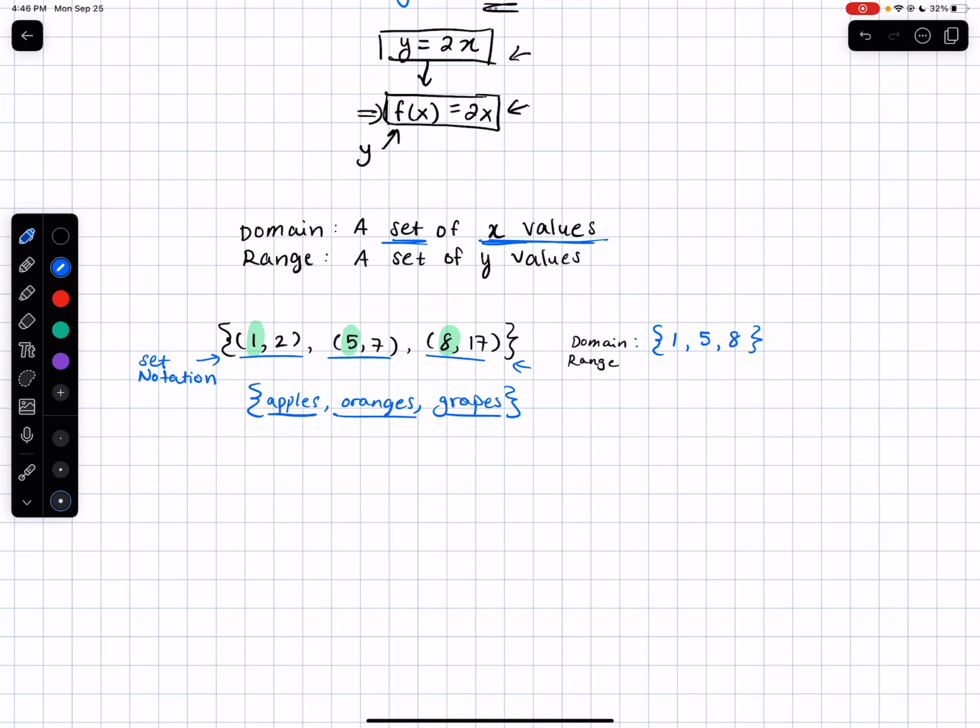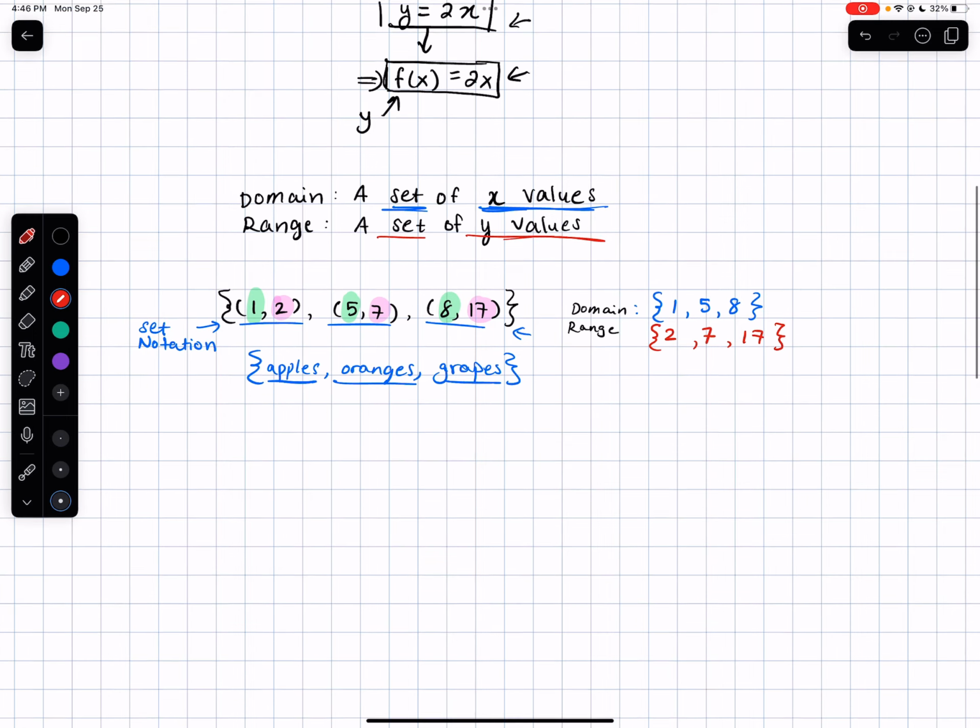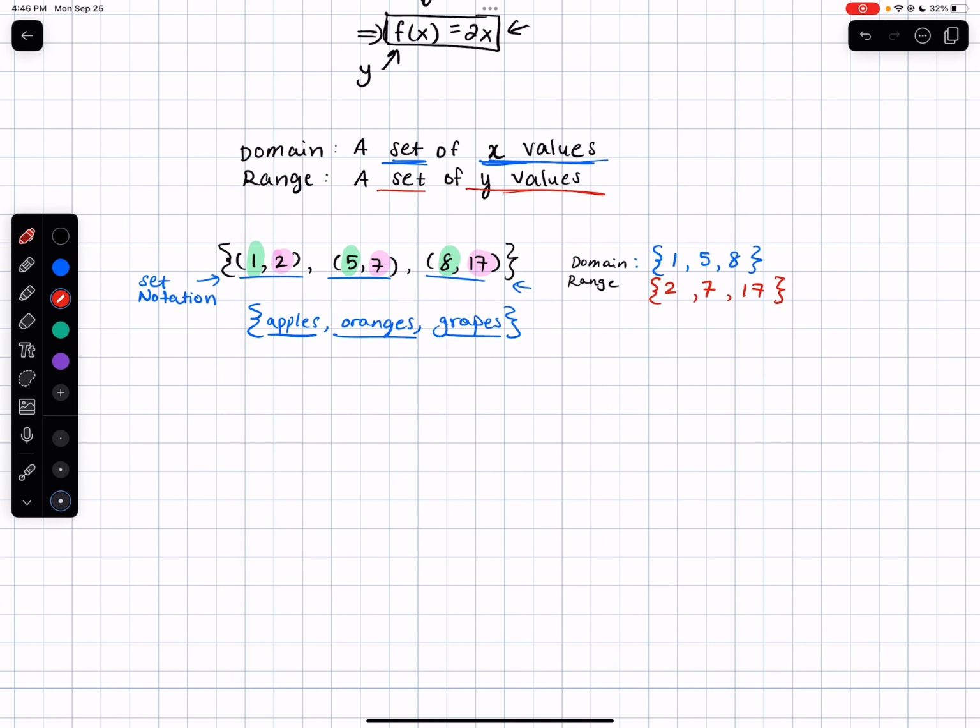The same thing for the y. You are going to take a set of the y values. So 2, 7, and 17, and put commas and use set notation. All right, so that's domain and range.